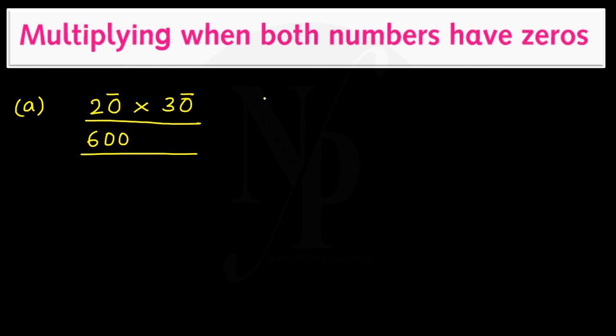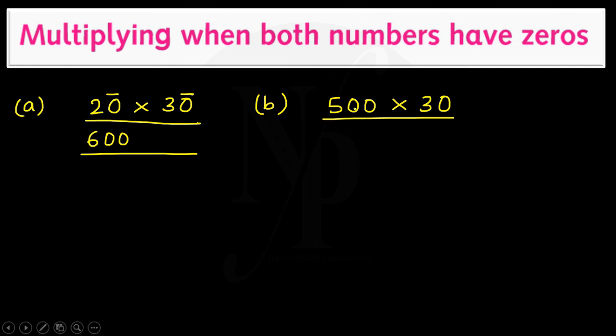Let me take one more example, B. So if you have 500 to be multiplied by 30, here we have 2 zeros in 500 and 1 zero in 30. Let us see how this can be multiplied. First we multiply the non-zero digits. Here we multiply 3 and 5. So 3 5s are 15.